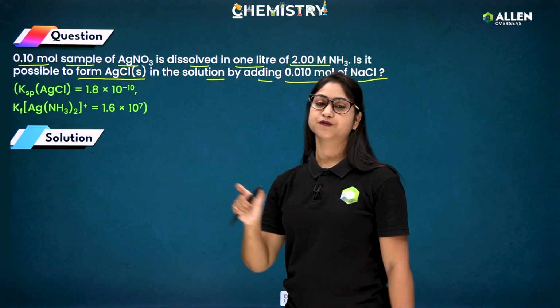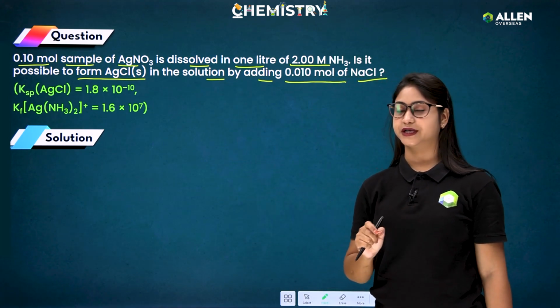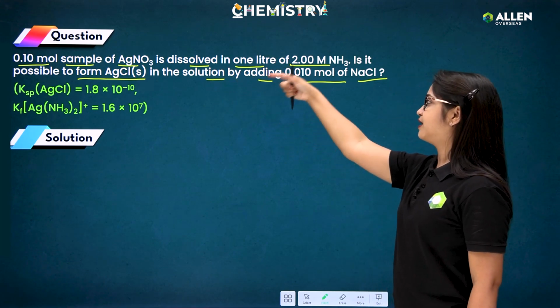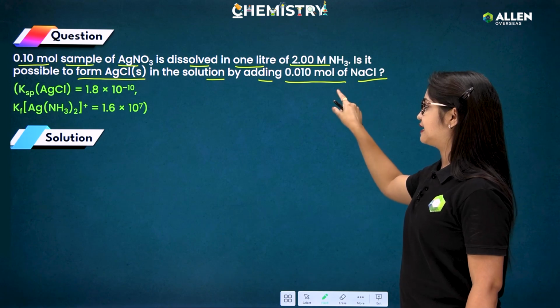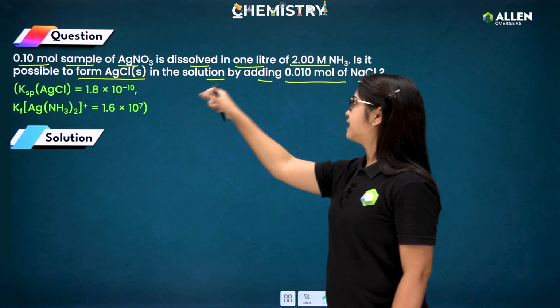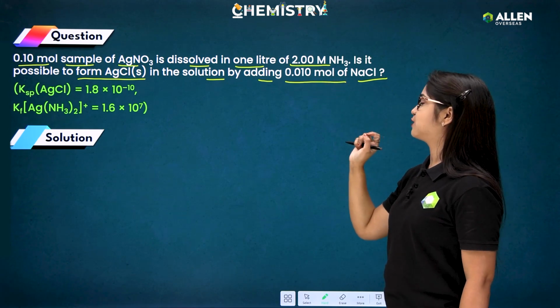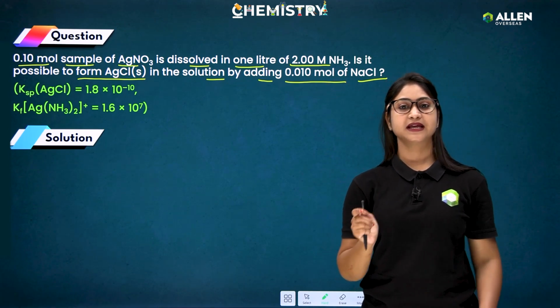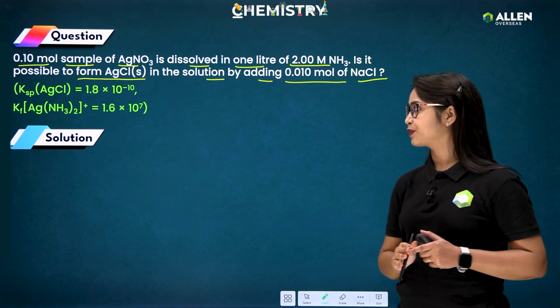So basically we have 0.10 mole of silver nitrate dissolved in 2 molar ammonia, and then we have to find out if in this same solution we add 0.010 mole of NaCl, is it possible that silver chloride precipitate will be formed, right?